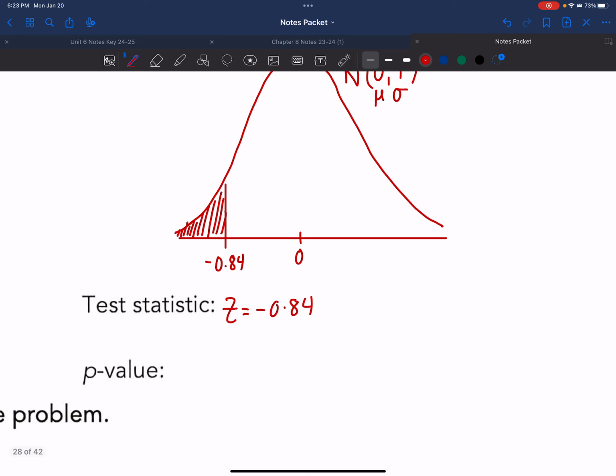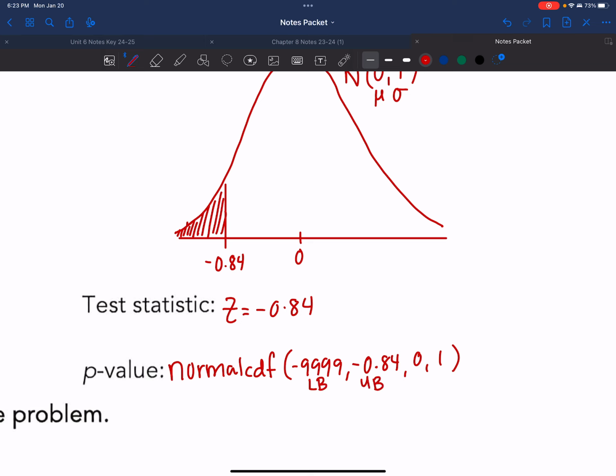And so if I calculate my p-value, do a normal CDF, my lower bound is negative 9999, upper bound is negative 0.84, mean of 0, standard deviation of 1.